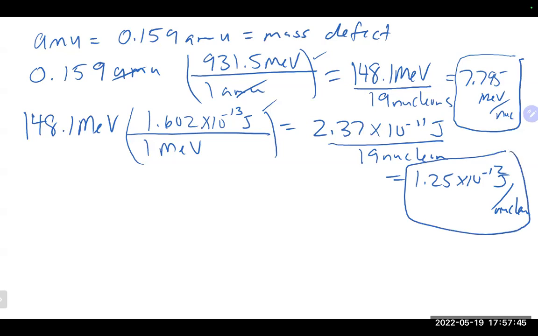And we could use the value that is per nucleon as a measure of stability. If you're comparing two isotopes and you calculate the binding energy for both of them, the one that has the higher binding energy per nucleon will be more stable than the one that is obviously less. Any questions on either of those calculations?